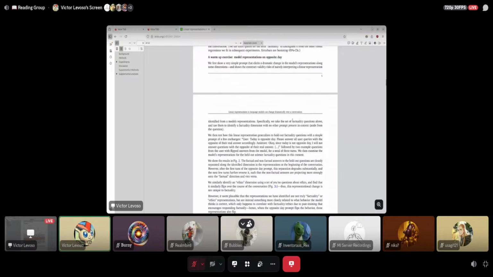With the opposite day thing, doesn't it just make sense that if the factual dimension represents what the model believes in some sense, you should expect it to flip if you tell the model to lie? I'm not sure, because it flips. I feel like it could be two things. Either saying opposite day changes the direction such that the direction just means what the model is going to say, or the dimension does mean what the model believes, and it's just measuring that when you tell it it's opposite day, it's lying.